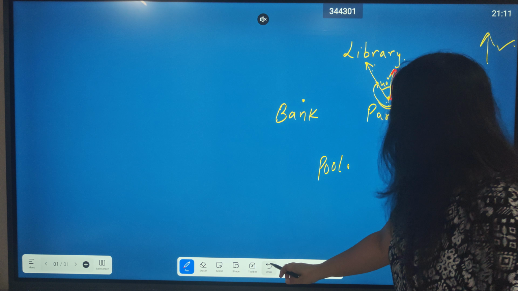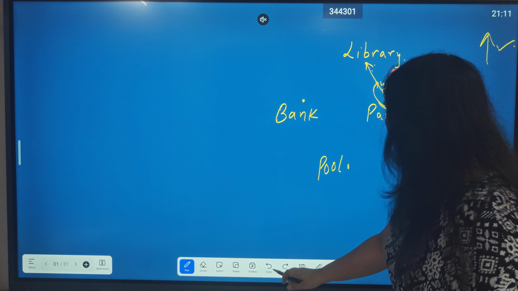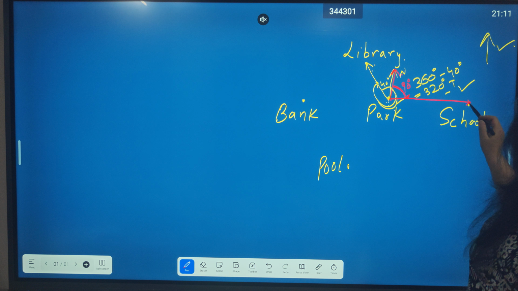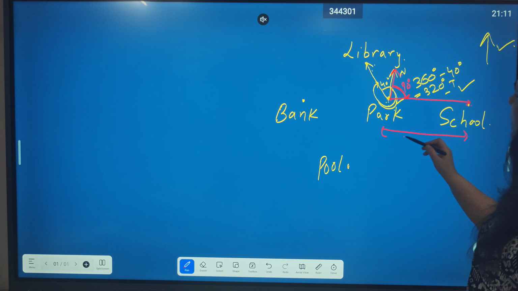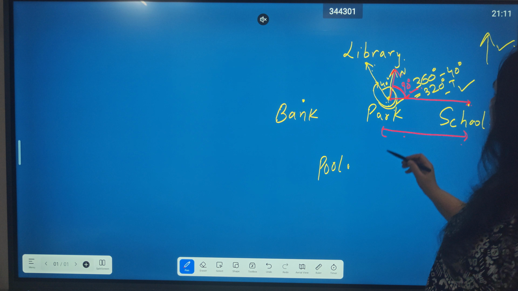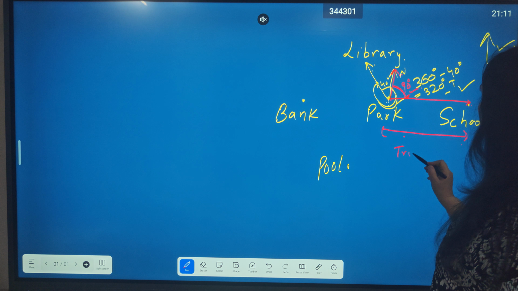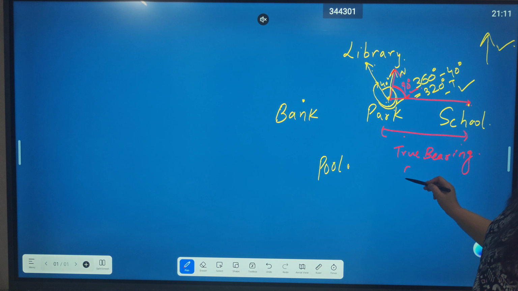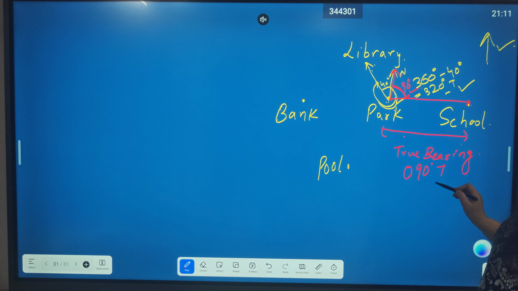If you are taking it directly from here, you can say it's completely equal to 90 degrees, because park and school are on one line, on one street, suppose. So this is 90 degrees. So you can say the true bearing of it is 090, right? So this is the true bearing.